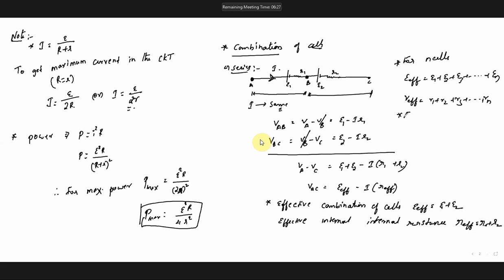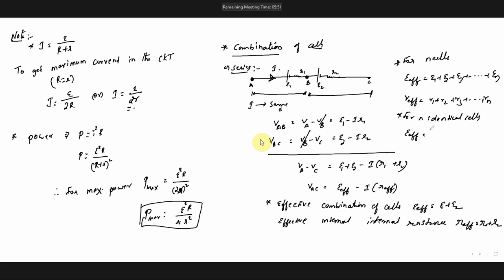Similarly, if I take N identical cells, what is the difference between N cells and N identical cells? N identical cells means all the cells have the same EMF and the same internal resistance.